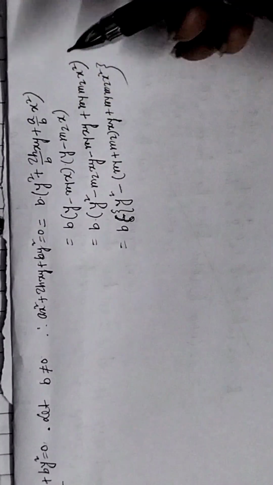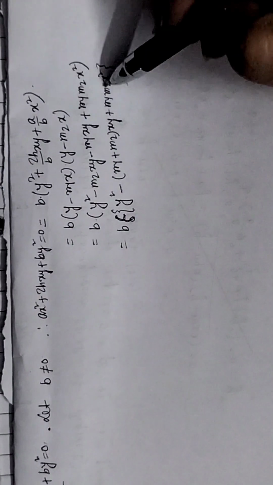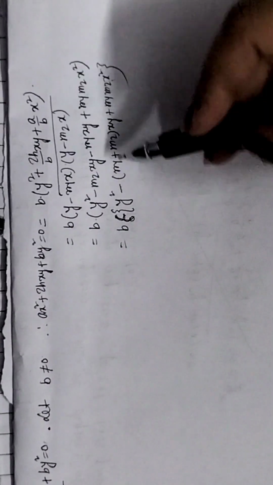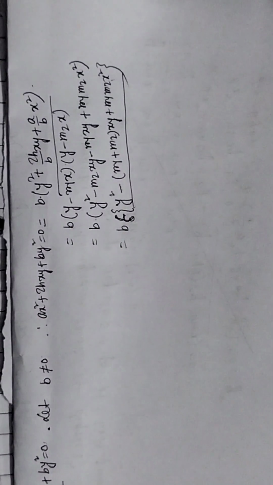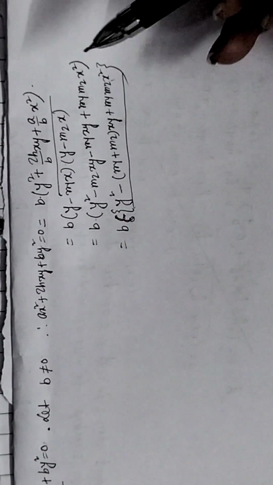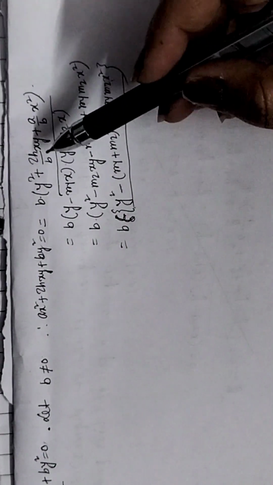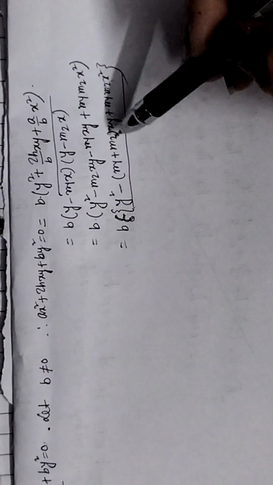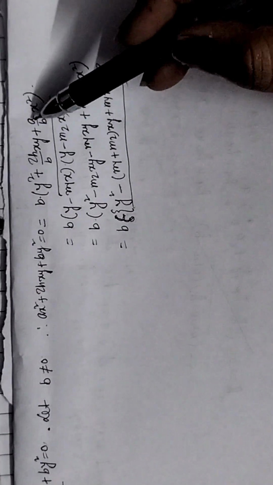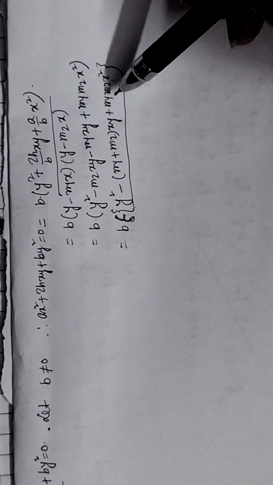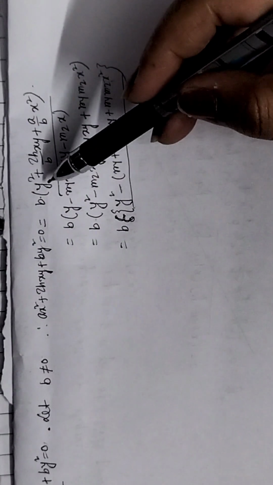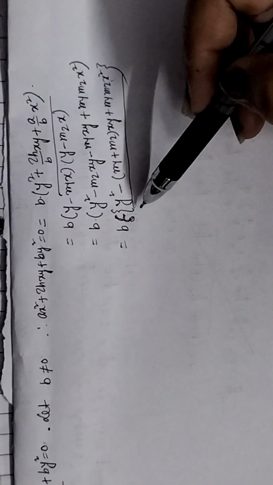Okay. Now if we compare these two structures, what will we get? As the coefficient of xy, we will get here 2h by b, here minus within bracket m1 plus m2. And as the coefficient of x square, we will get a by b here and m1 into m2 here. And in both the cases, the coefficient of y square is 1, right?